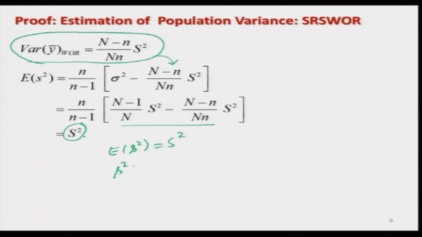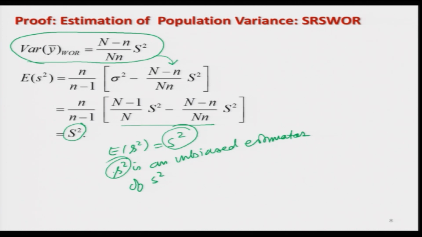That means small s square is an unbiased estimator of capital S square. I do not know the value of capital S square, because it is based on the population, but I have a sample y1, y2, up to yn. Based on that, I compute the value of small s square, and this indicates the value of capital S square in the population. And the advantage is that it is an unbiased estimator.